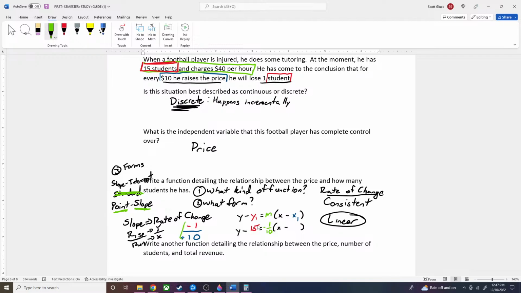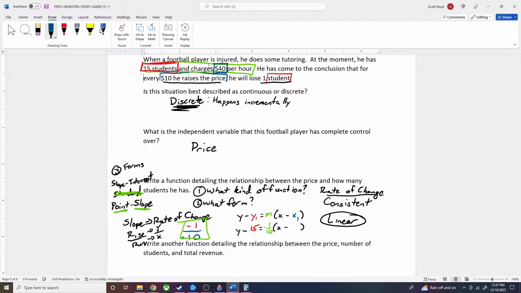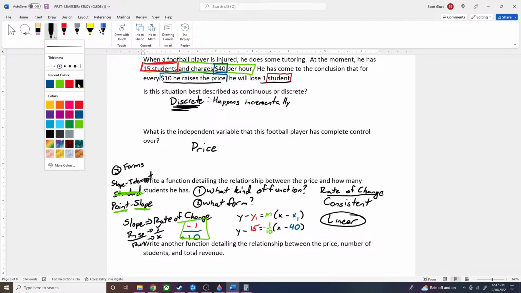Right? We identified that right here. Equals x minus, and our x1 is how much he charges, 40. And just like that, we now have a point slope form function detailing what's going to happen here.